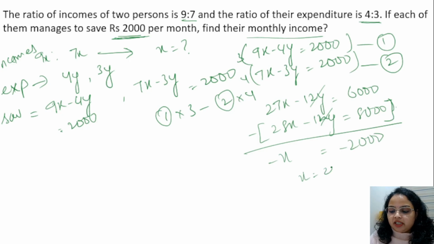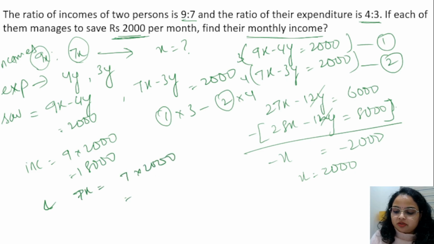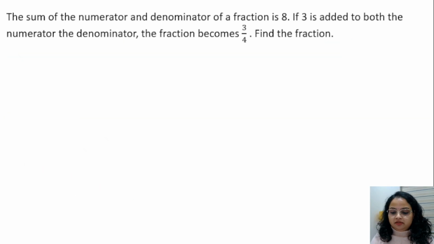So here we got the x value is equal to 2000. We have to find their monthly income. The incomes are 9x and 7x. So it is 9 into 2000, which is 18,000, and 7 into 2000, which is 14,000.